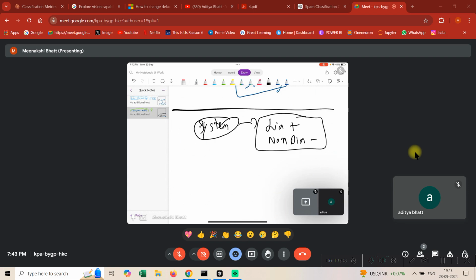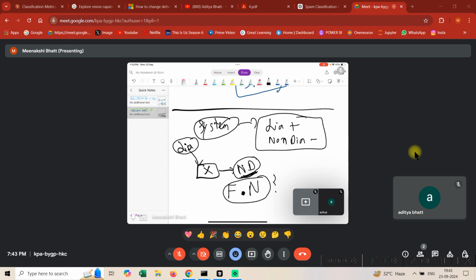So let's say your system is not working properly, so a person who is diabetic gets classified as non-diabetic. That means your model predicted wrong. It predicted non-diabetic, but actually the person is diabetic, so it is a false negative.